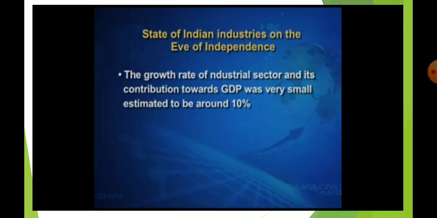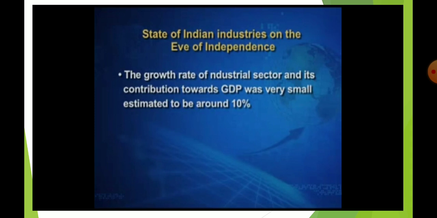Let me start. The condition of the industrial sector was also not very good, like the agriculture sector. Why am I saying that? Because the growth rate of the industrial sector and its contribution toward GDP was very small, estimated to be around 10%.